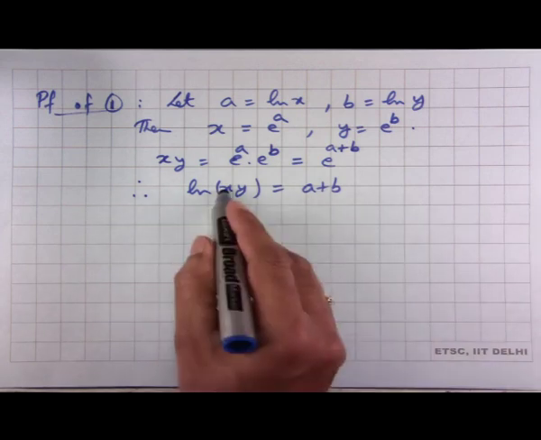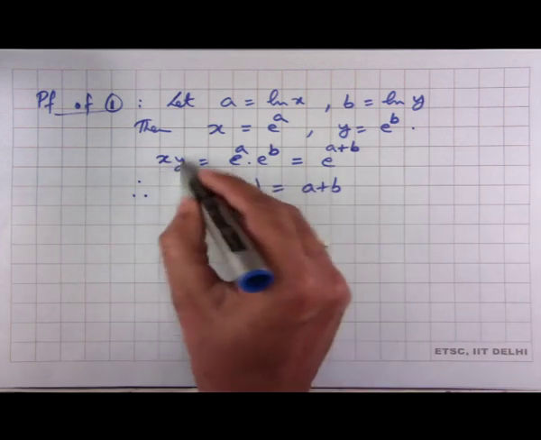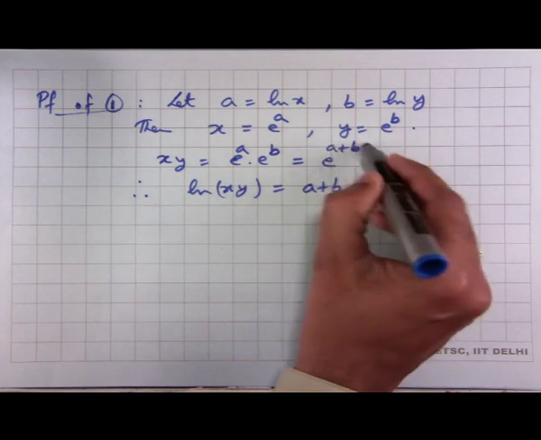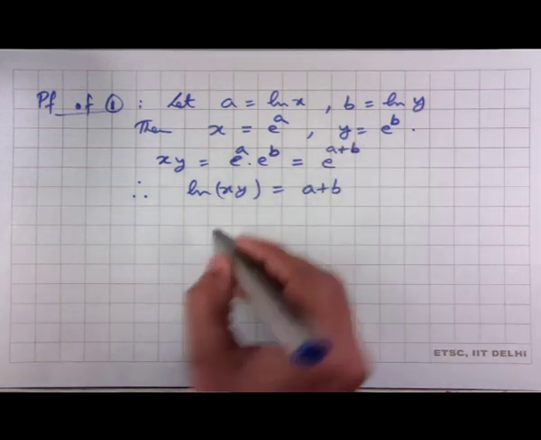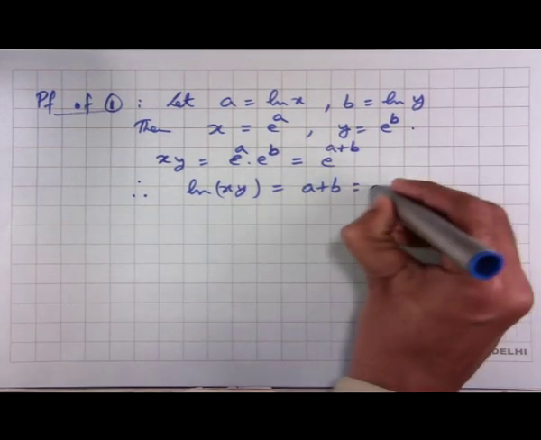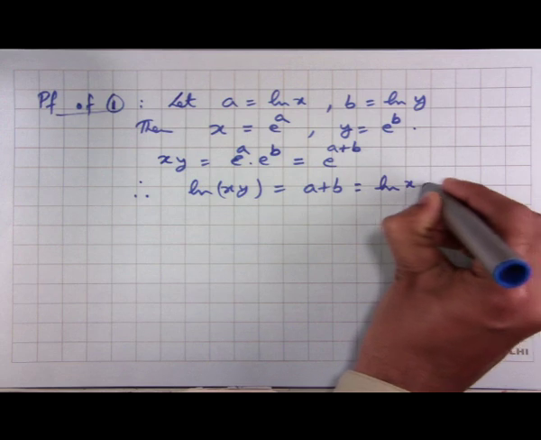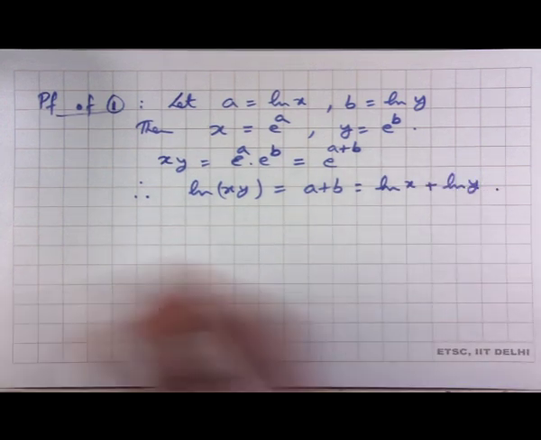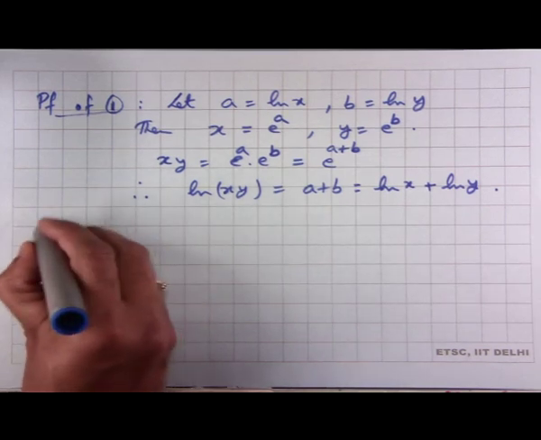The natural logarithm of any quantity is the exponent that occurs in e to the power this. So, this is the same thing as a is ln x, b is ln y. Similarly, the others can be proved.